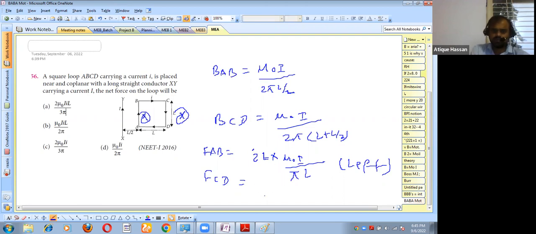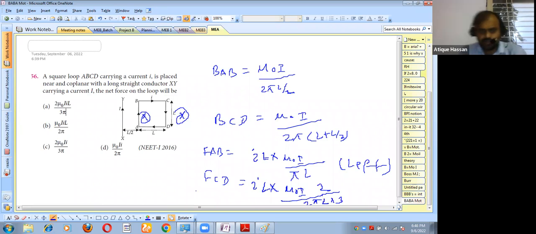And force on CD will be ILB, it means IL into mu naught I by 2 pi L into 3 by 2. And what will be the direction of CD force?